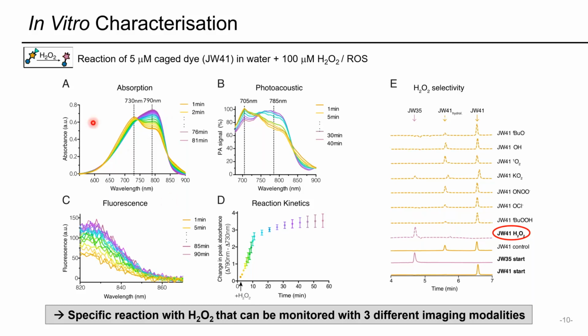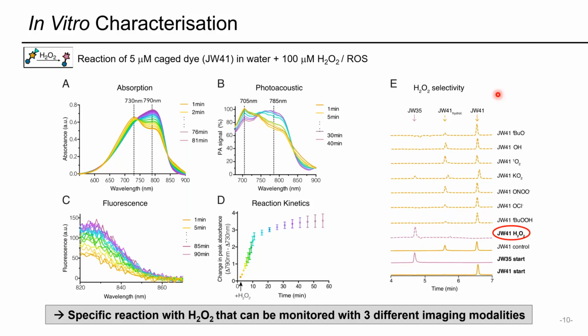And this was visible with all the three imaging modalities, again with absorption, photoacoustics, and fluorescence imaging. And looking at the reaction kinetics, we could also see that this reaction happens rather fast, within the first 10 minutes.